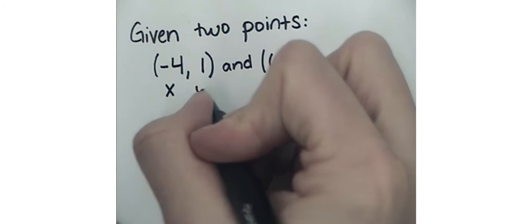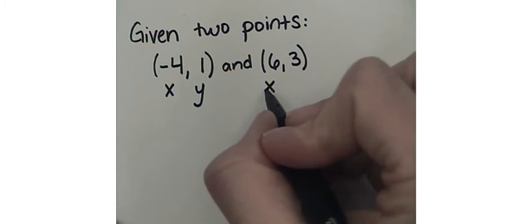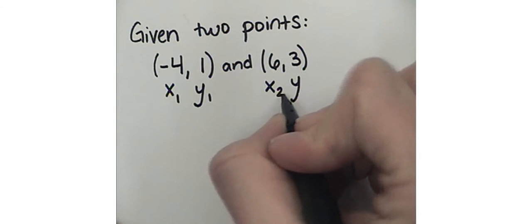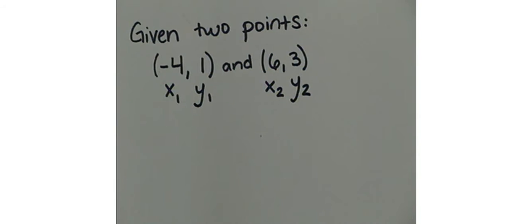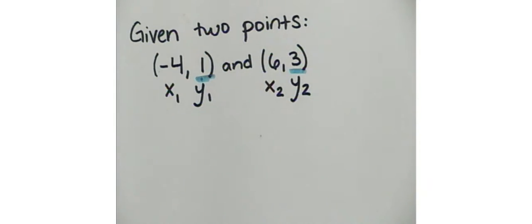X, y, x comes first just like the alphabet. X, y, this is our first point, this is our second point. Okay, so y2 minus y1.